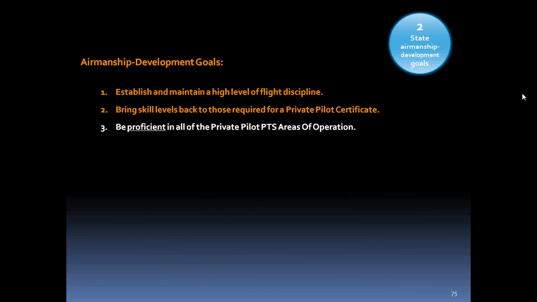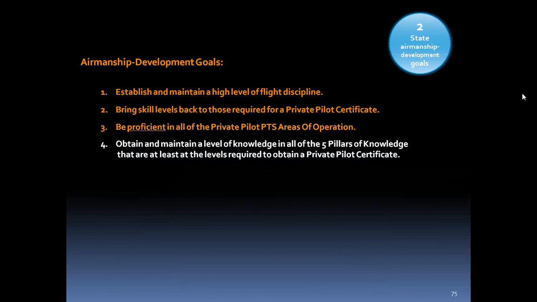He also wants to be proficient in all of the private pilot PTS areas of operation. So he wants to go beyond just having minimum skill now to being proficient. He wants to obtain and maintain a level of knowledge in all of the 5 pillars of knowledge that are at least at the levels required to obtain a private pilot certificate.